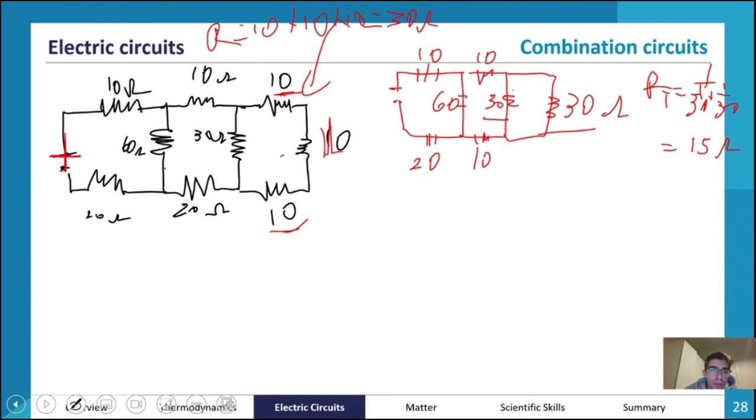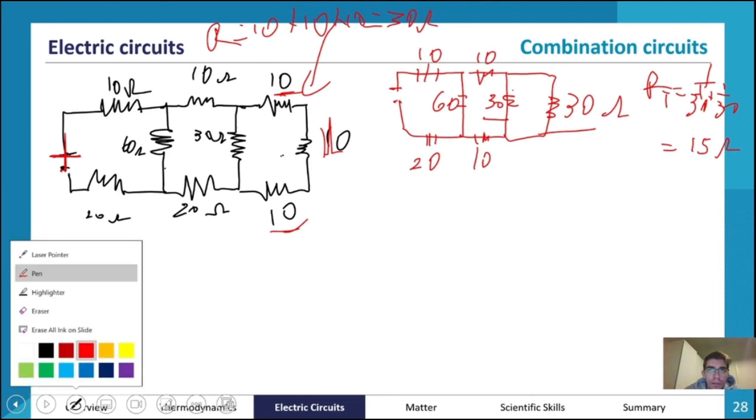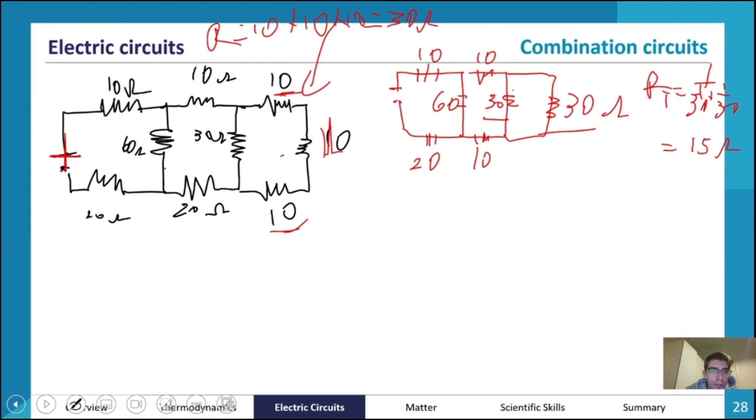So, let's redraw that all over again, right? Let's redraw it at the bottom, actually. This will take a while. Let's draw this one carefully.